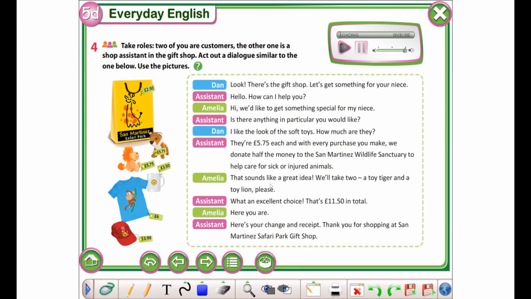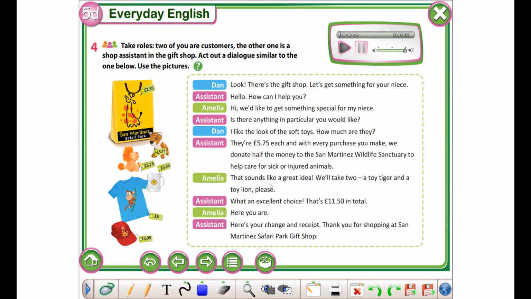So, hello. Hello, I would like one t-shirt. How much is it? It's 6 pounds. And how about the red hat? How much is it?